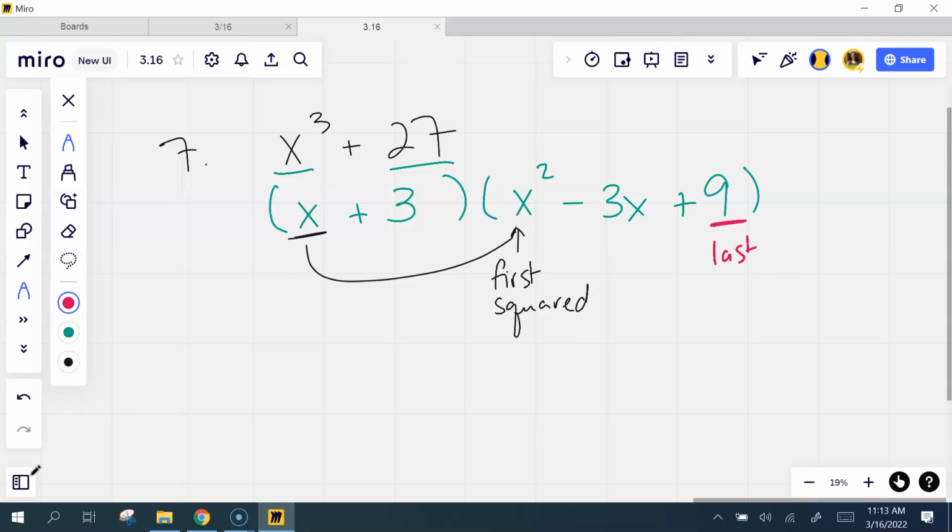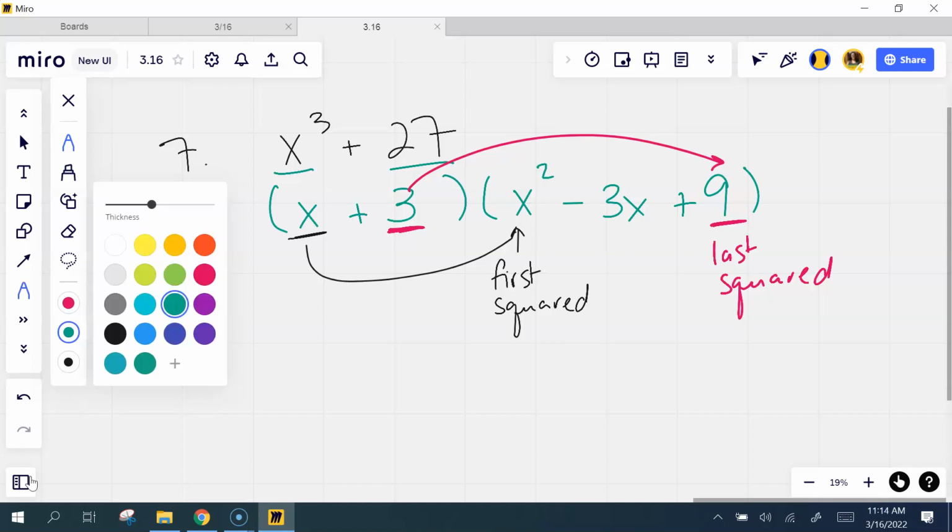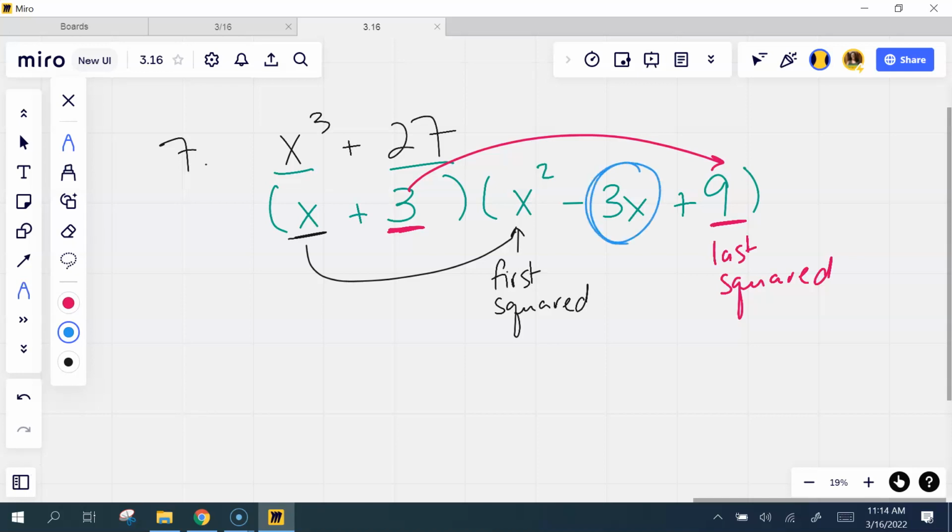Last squared. It comes from here. And then this middle term is the 2 multiplied together.